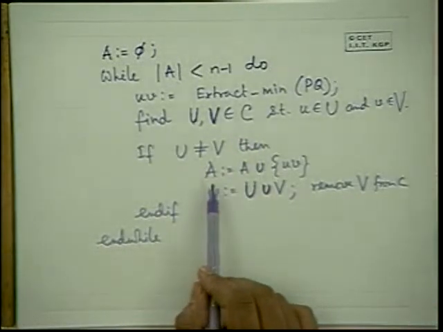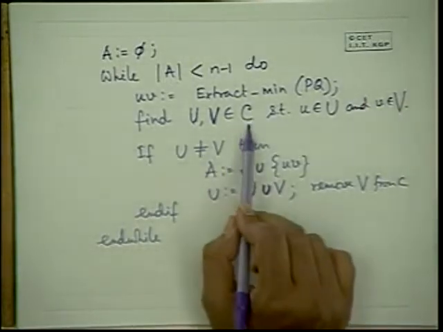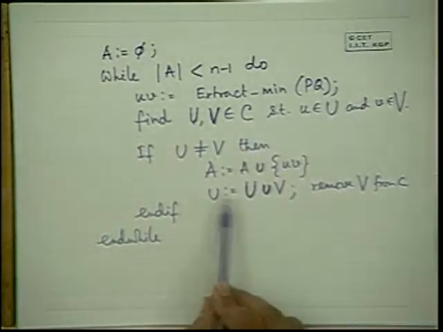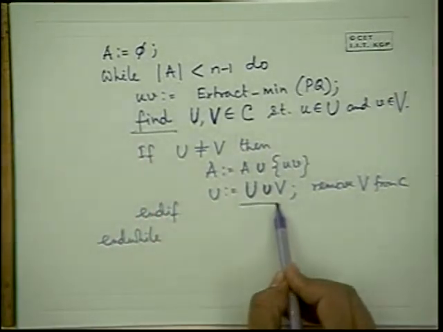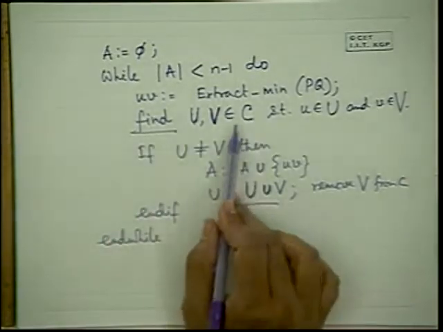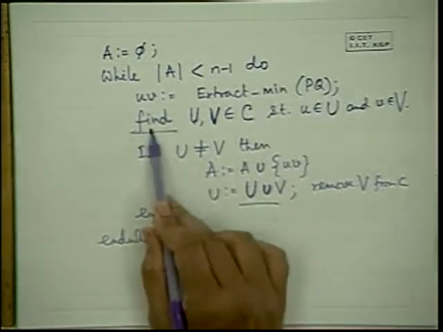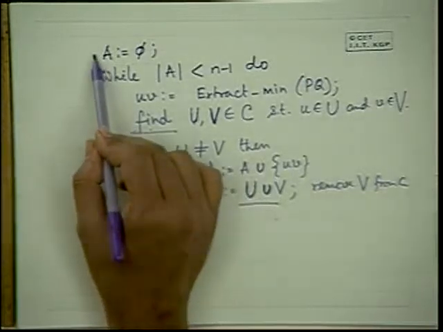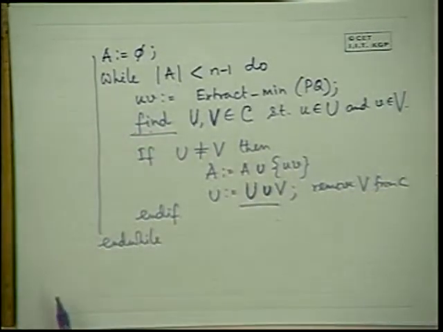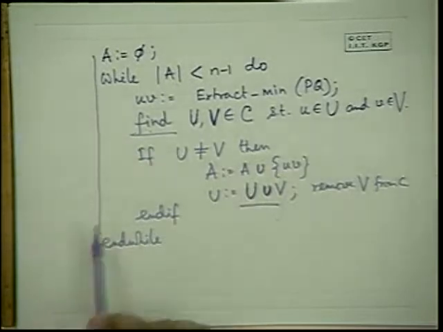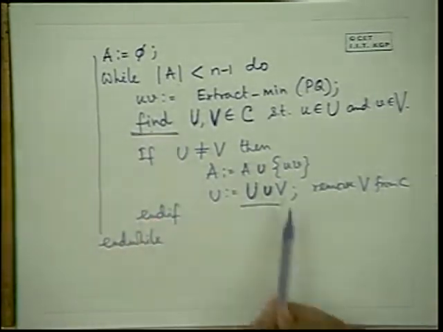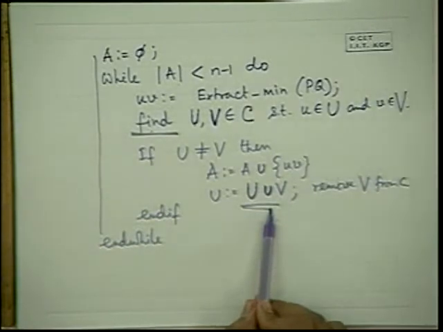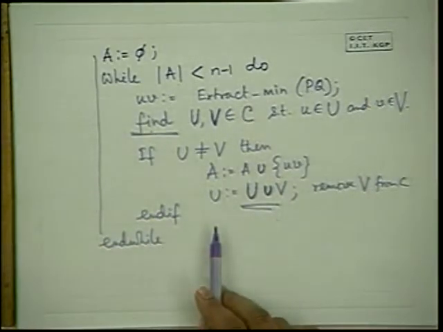There are many implementations which we will see in the next class, how to implement this set system C such that these two operations, find and merge or union, can be done efficiently. Because if I ask you what is the complexity of this algorithm, you would not be able to tell me unless you know how much time this find takes, how much time this union takes. And this is a very well known problem called the union find problem.